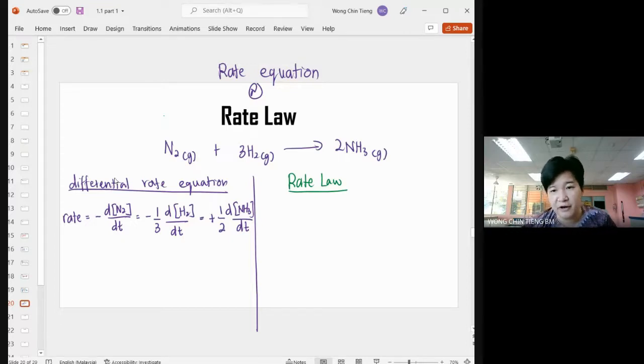Okay, before we write, first question. Tell me first what is the same. In the way of writing the equation and the expression, what is the same is the rate. The rate that you have in both the differential rate equation and your rate law, both rates there are the rate of reaction.